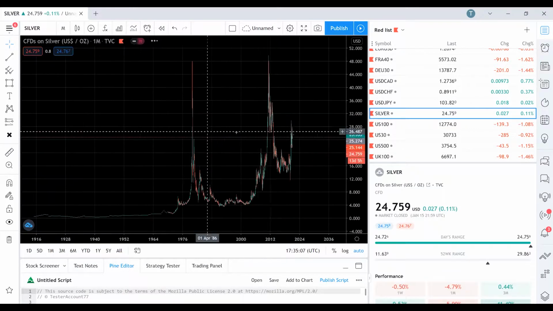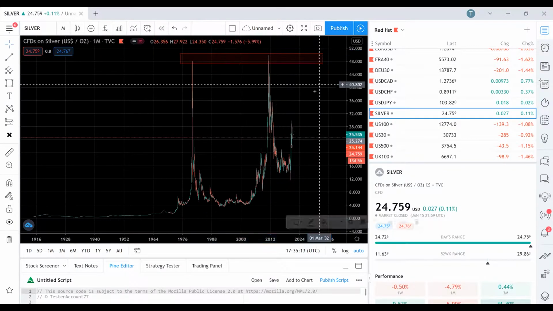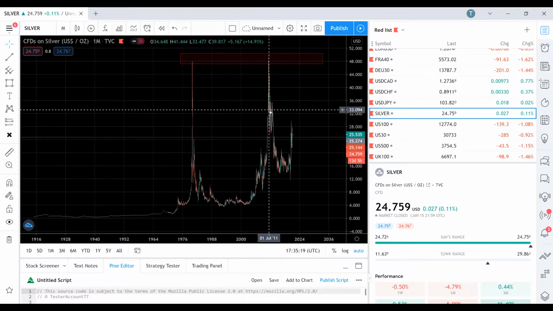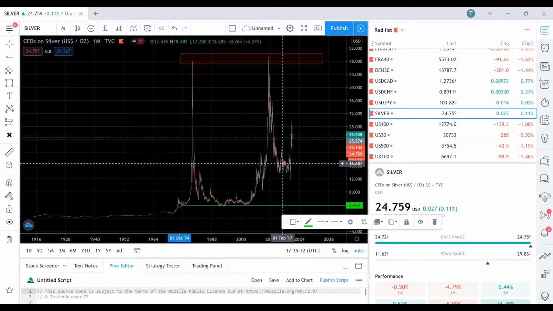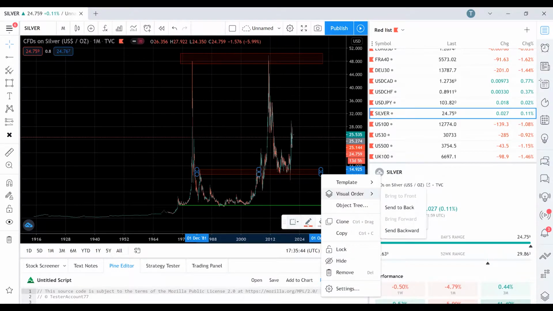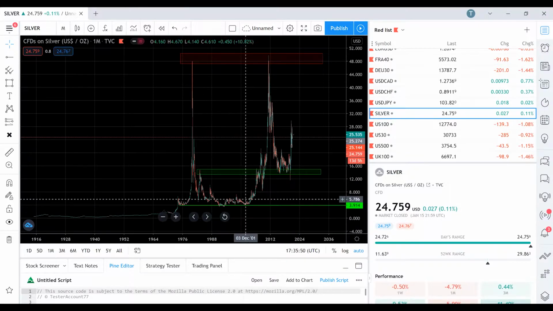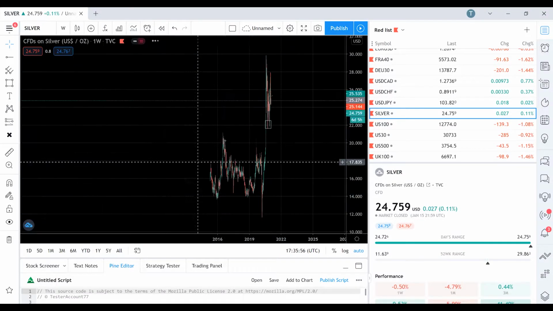Silver, start on the monthly, sell zone here. Support here. Buy zone here. Move to the weekly.